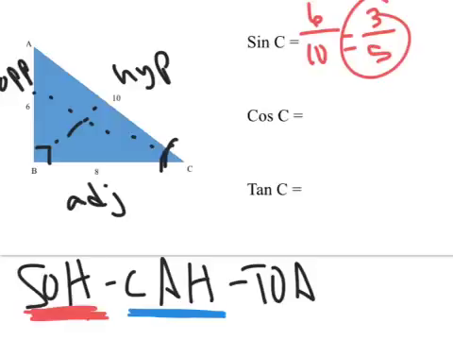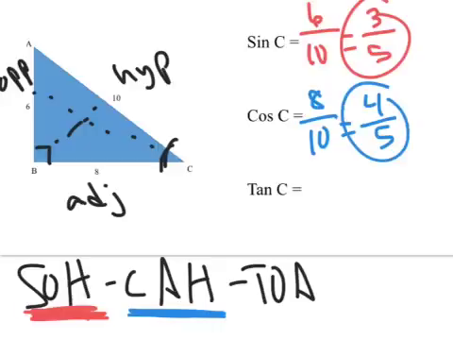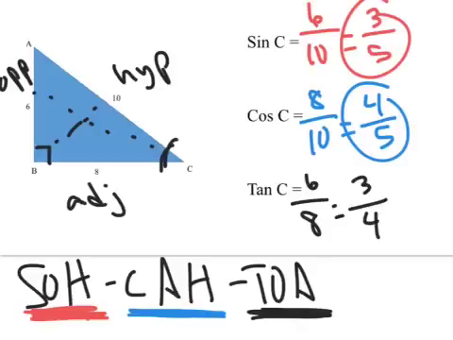So the length of the adjacent side is 8, and the hypotenuse is 10. 2 goes into both, so 4/5 is our cosine of C. Our tangent ratio is opposite over adjacent, so opposite is 6. The adjacent length is 8. 2 into both again, so the tangent of C is 3/4.